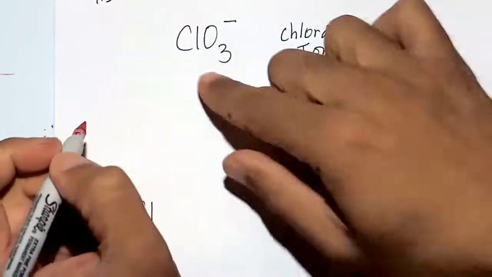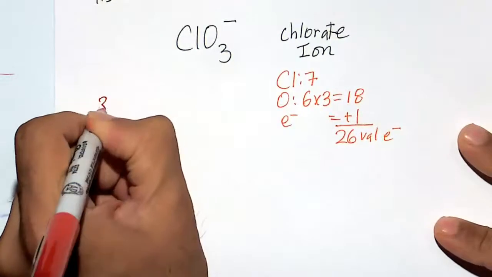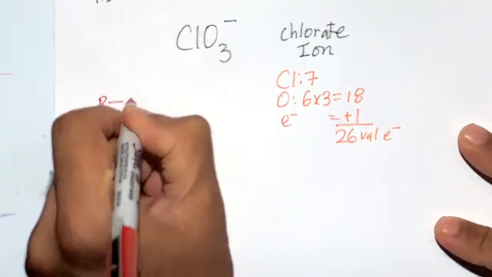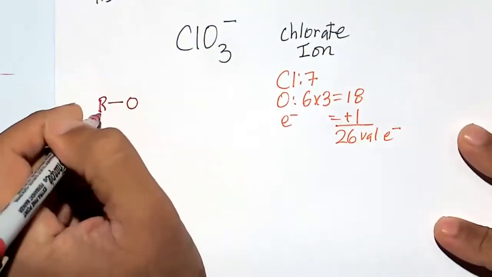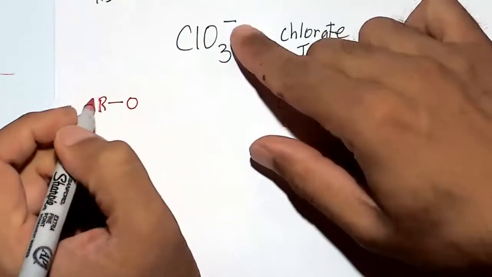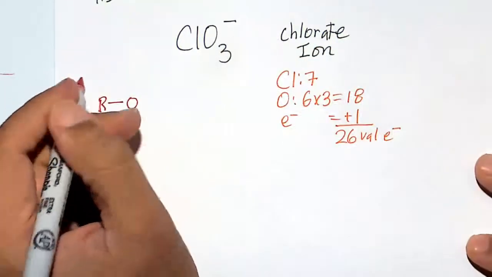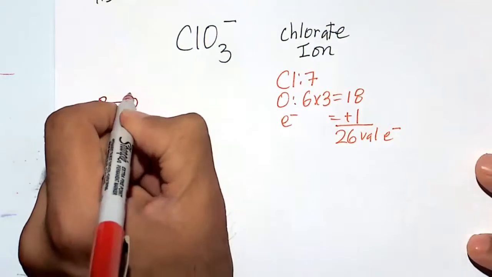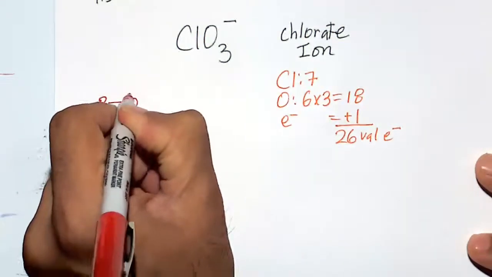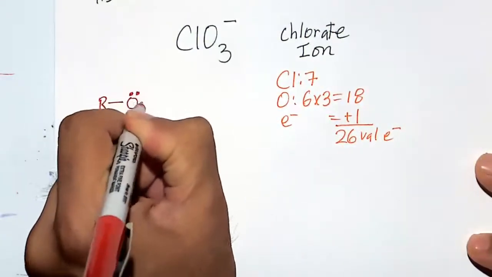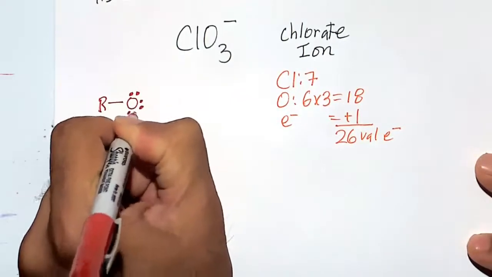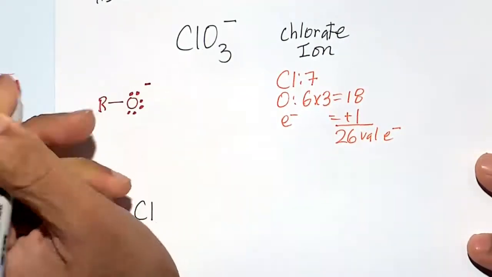In order for oxygen to have a minus formal charge, forget about the R for a moment. For the oxygen to have a minus formal charge, and remember this whole molecule has a minus charge, if we have a single bond to the oxygen with 3 lone pairs, that actually has a minus formal charge.